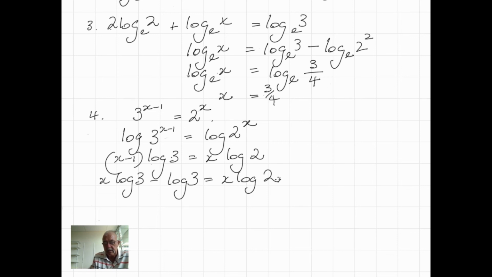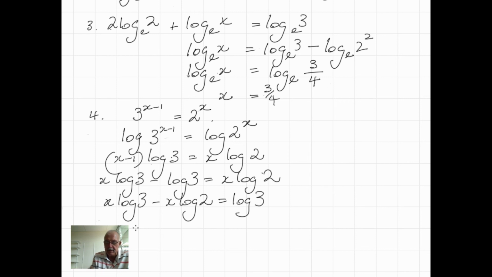Now I want to get the terms containing x by themselves. I'll bring this over to that side, and I get x log 3, which is already there. Bring this over, minus x log 2. Now if I'm getting the terms containing x on the left, I want the numbers on the right, so I'll take the minus log 3 to the other side, and it'll become log 3.